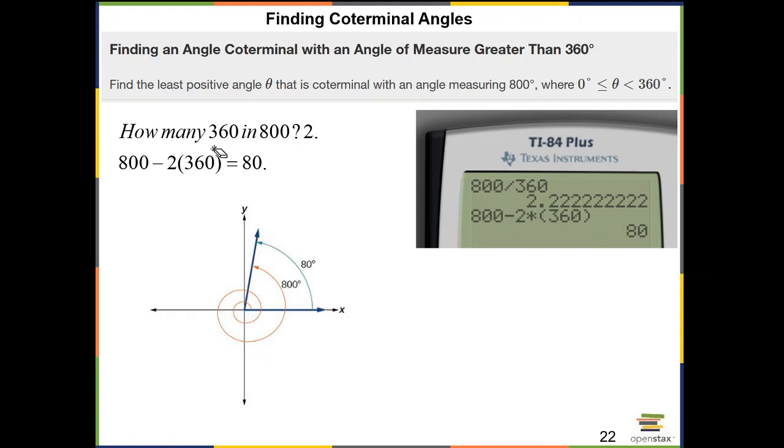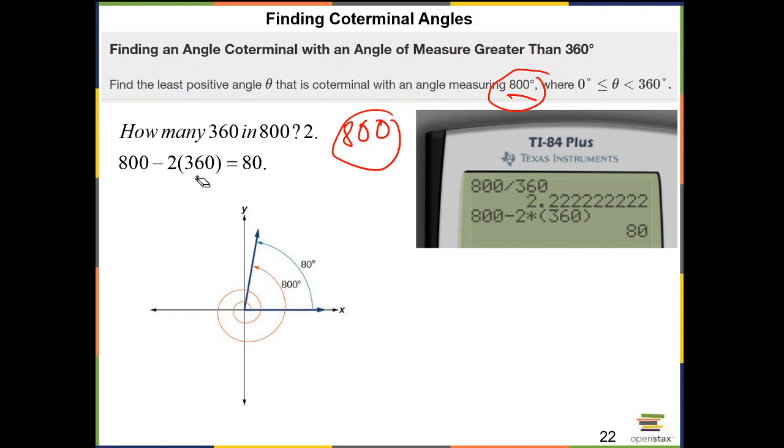Now, it says find the least positive angle that is coterminal with an angle of 800 degrees. Okay, so we want a smaller angle from 0 to 360 that is coterminal to that. So the way we do that is we say, okay, how many 360s are in 800?